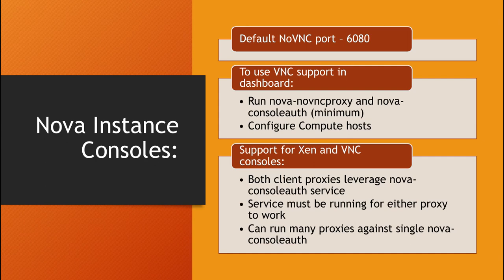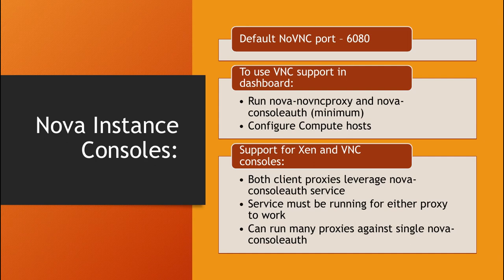Without these two services, if you try to access the console of your running instances, you will not be able to access them. And also you need to make some changes inside your compute host to enable the VNC support for your instances.